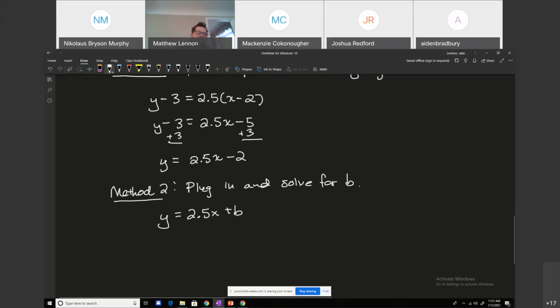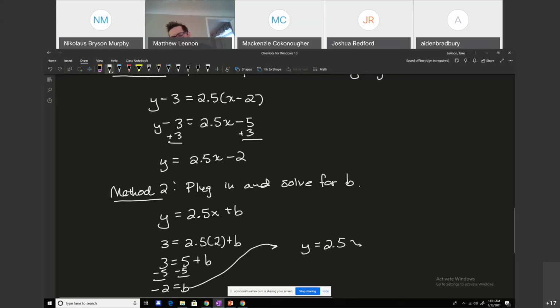Then basically what you do is you plug in your point, or one of the 2 points, and solve for b. So I know (2, 3) is on the line. So 2 replaces x, 3 replaces y, and then I solve. So I get 3 equals 2.5 times 2 plus b. So I have 3 equals 5 plus b. I subtract 5 on both sides. So -2 is the value of b, which means my line has to be y equals 2.5x minus 2.